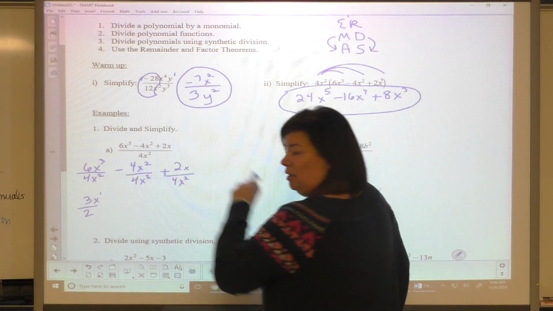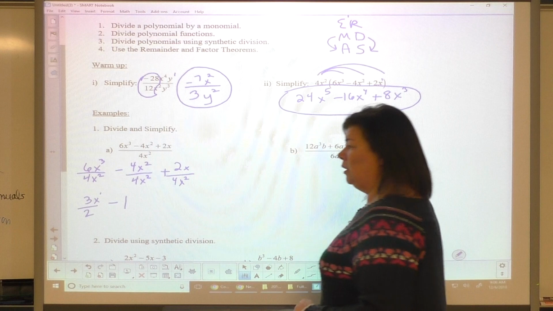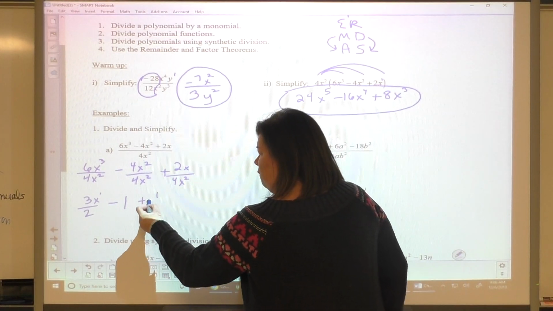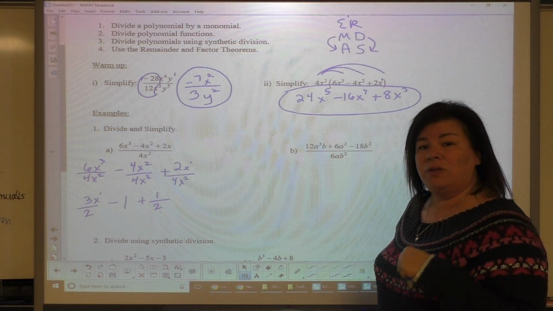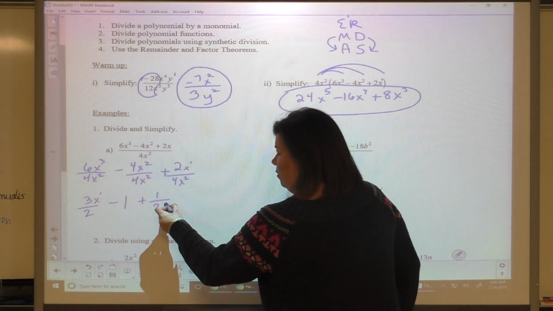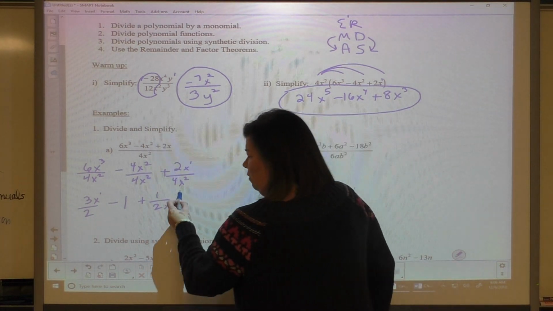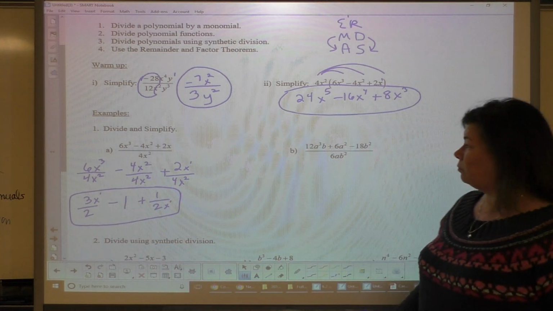And look here, anything divided by itself is just going to be 1. So we have negative 1. And then 2 divided by 4 is 1/2. And then we are dividing, bases are the same. We're going to subtract the exponents, wherever the power is higher, leaving that x to the first. So I know that kind of looks strange, but that's our answer.